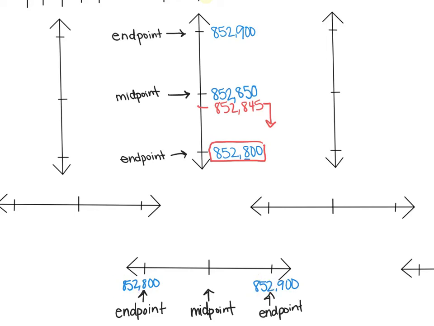We continue to keep 852,000, and then between 800 and 900 is 850. Now when we look at our original number, it was 845 in the hundreds. So we know 845 is a little bit less than 850. And again, our hundred thousands, 10,000s, and thousands stay the same because they are before the hundred spot. And this number will be rounding down to 852,800.